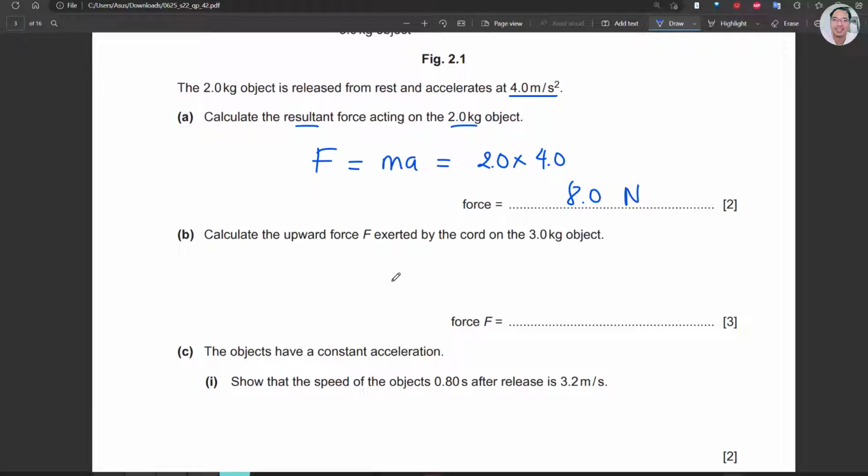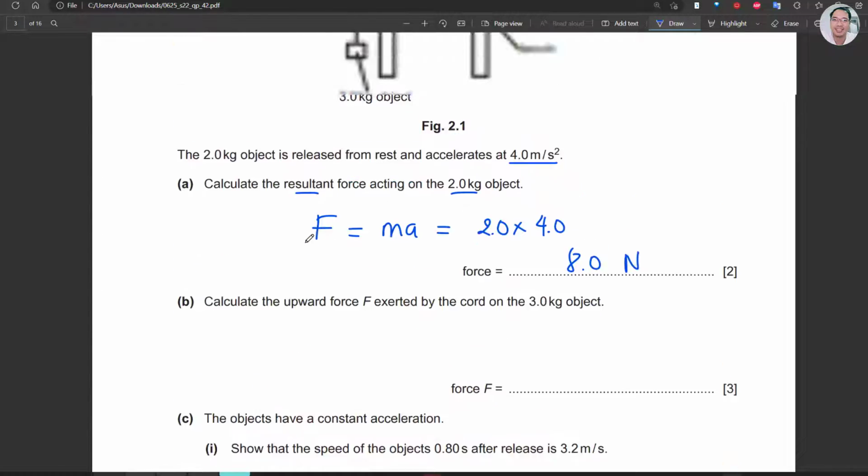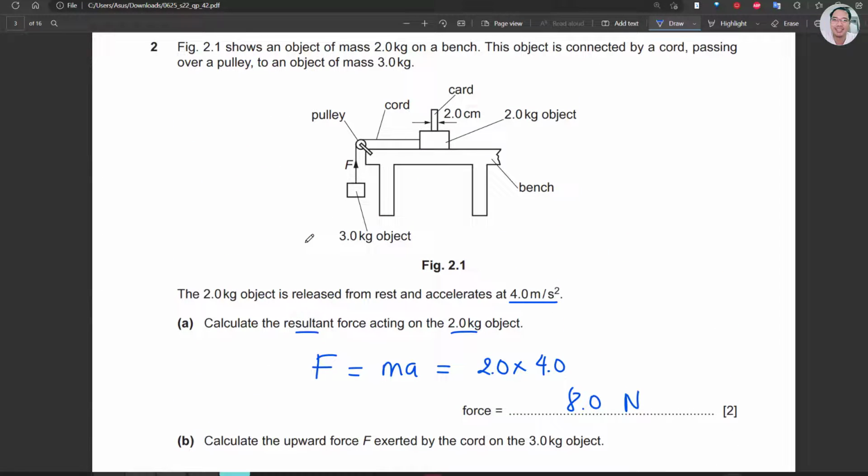Calculate the upward force exerted by the cord on the 3 kilogram object. Upward force meaning the tension. Of course, this 3 kilogram object has the same acceleration as the 2 kilogram object, but in a different direction, downwards. The 2 kilogram object moves to the left, and the 3 kilogram object falls down, with the same magnitude of acceleration, which is 4 meters per second squared.